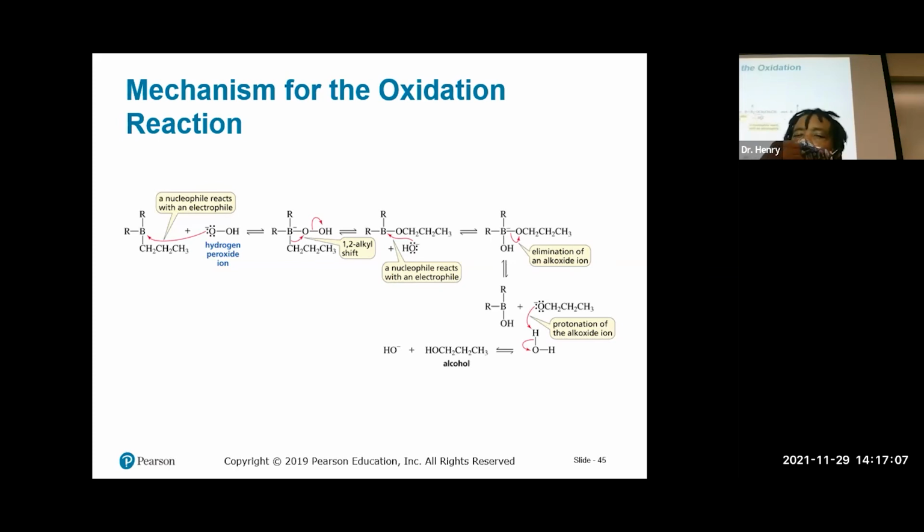So let me explain. Okay, so let's go back. You're going to have this guy. It's still going to exist in solution, right? The thing is that this guy isn't as stable, so it's going to end up interacting with, because you have hydroxide in solution, you have peroxide, right? So remember your peroxide ion. Now your peroxide ion does not start off as a peroxide ion.